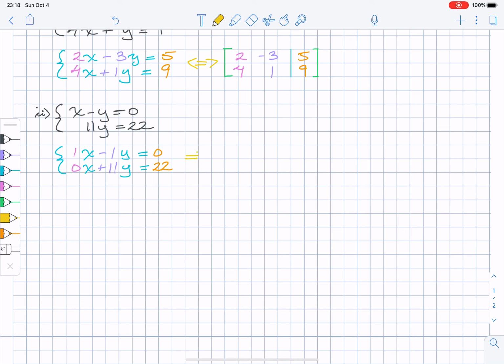So I claim that this is equivalent to the augmented matrix whose first column is 1 and 0, whose second column is negative 1 and 11. Then we have a vertical line for the equal signs, and whose constants, or last column, is 0 and 22. So that is the augmented matrix representation of that system.